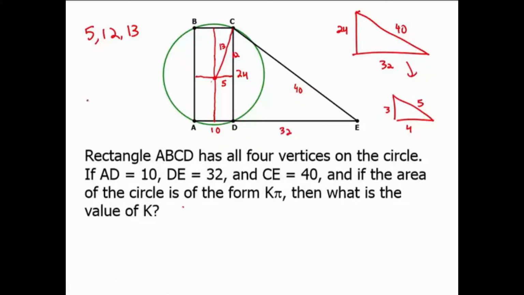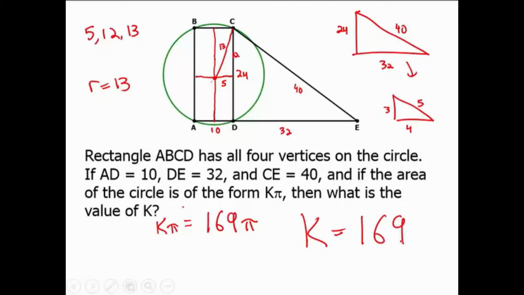That means that the radius of the circle is 13. The area of the circle would be 169 pi, pi r squared, by Archimedes' famous formula. And so if we're saying that this is in the form of k pi, k equals 169.